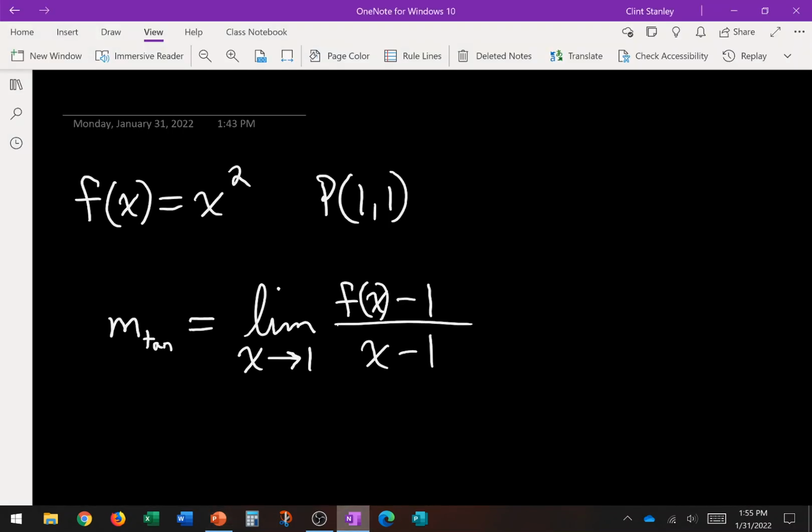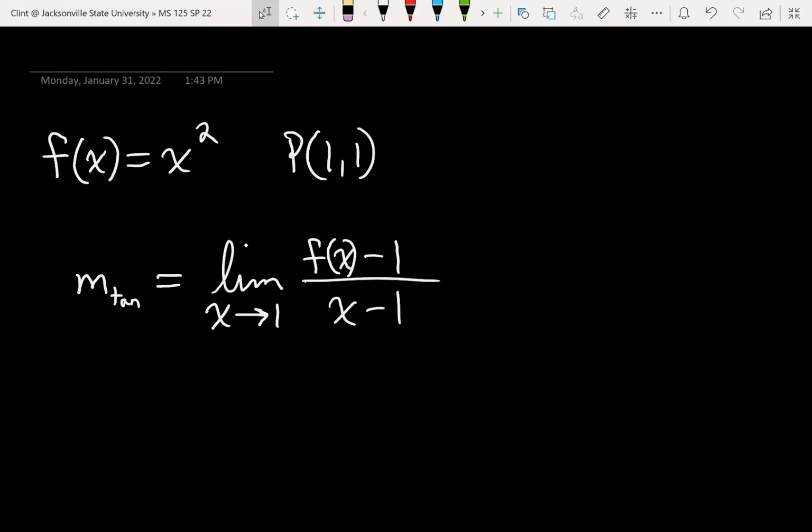So if we figure this limit out, it'll give us the slope of our tangent line at that point. So then what do we need to do? f of x, what's another way we can write it? f of x is equal to what? x squared.